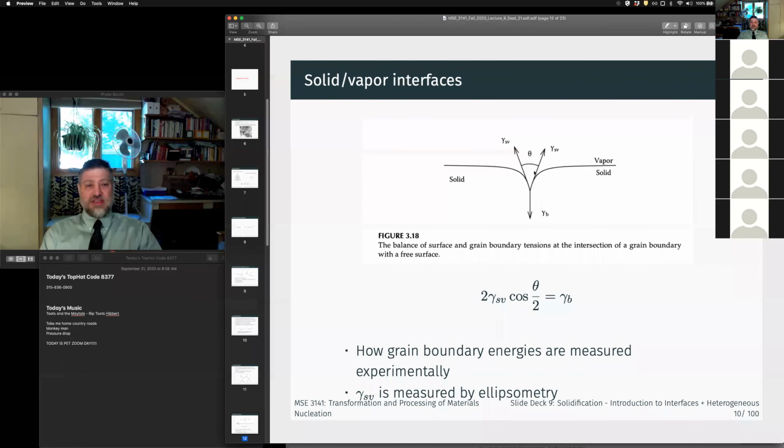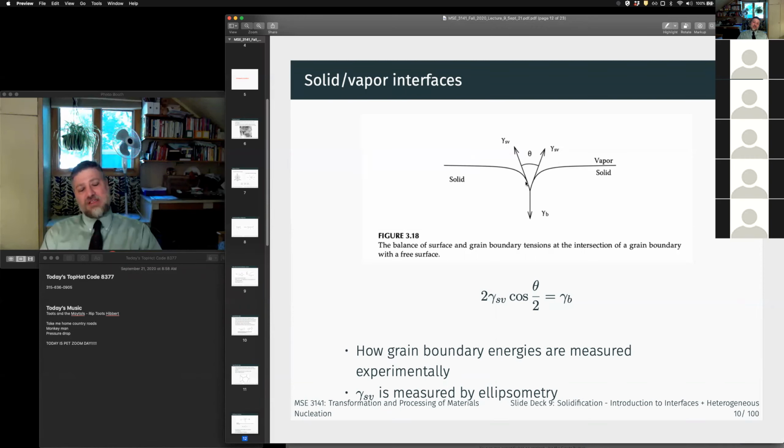We still need to, if we know that a solid interface exhibits a tension, it has to be pulling against something, right? So if a grain boundary intersects a surface, what's it pulling against? Well, it's because the gas solid interface also has a tension, right?